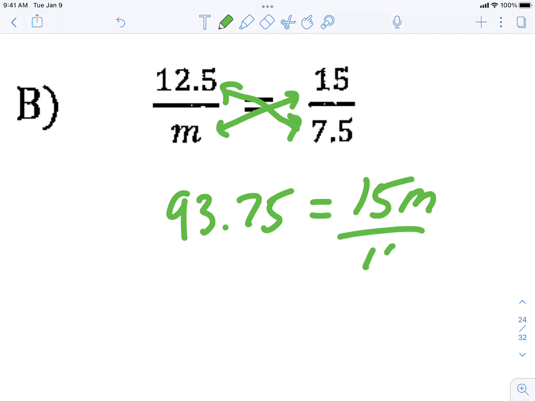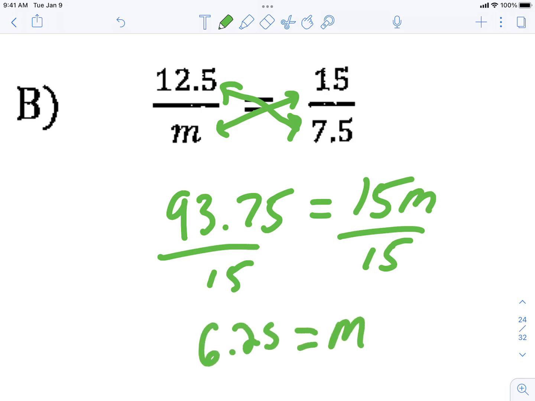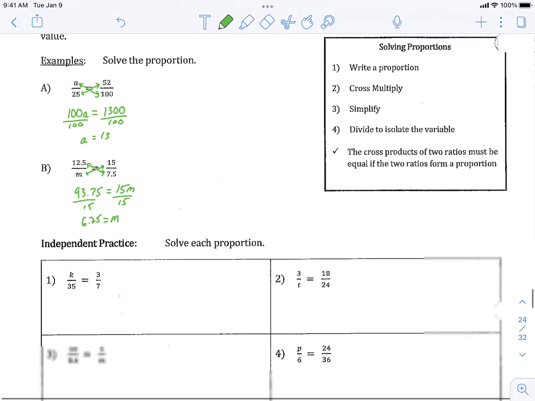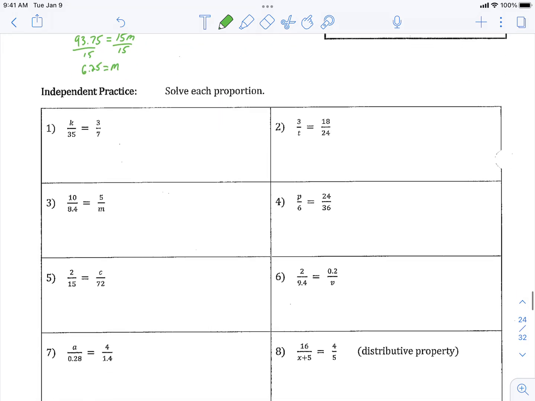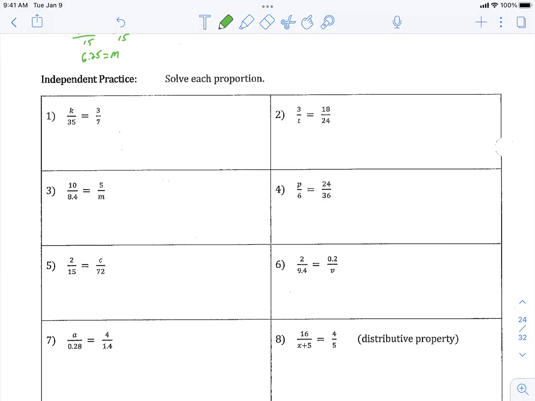I'm going to divide both sides by 15. And I get m equals 6.25. One through 7 on the bottom are the exact same.